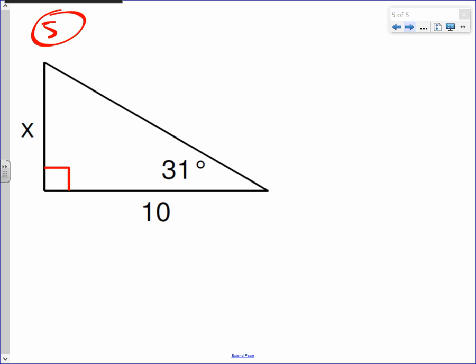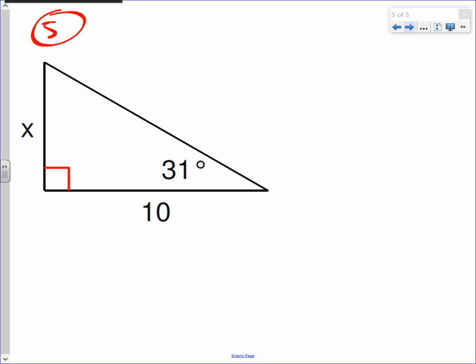Hit equal. Is this working? Let's try it again. Watch. It's all right. Here we go.